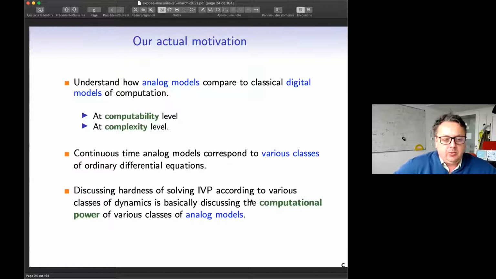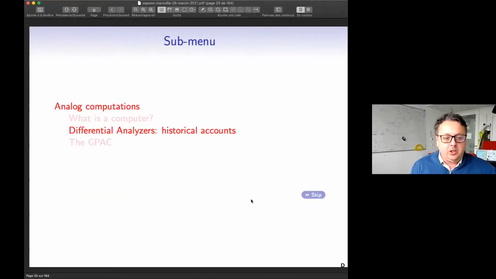So to do that, we will go to various classes of ordinary differential equations, and we use the fact that they relate to various models of machines like differential analyzers. Okay, so just a few words about the model I will mostly focus on, which is this differential analyzer model.